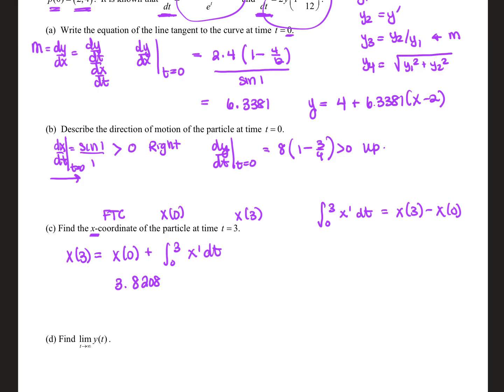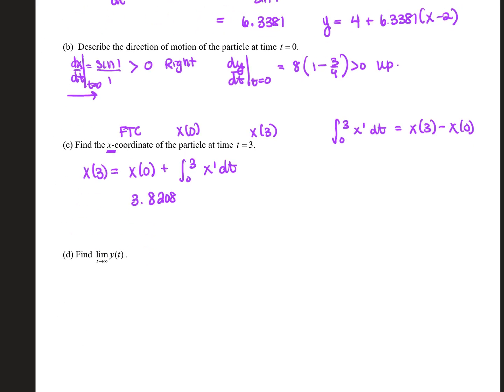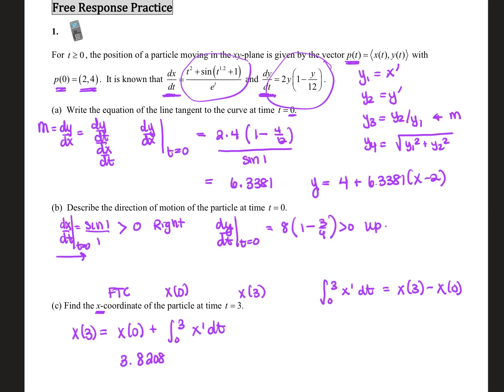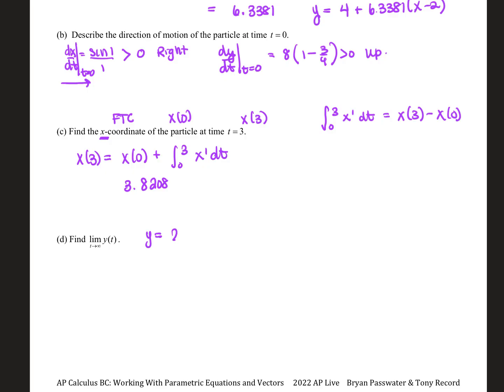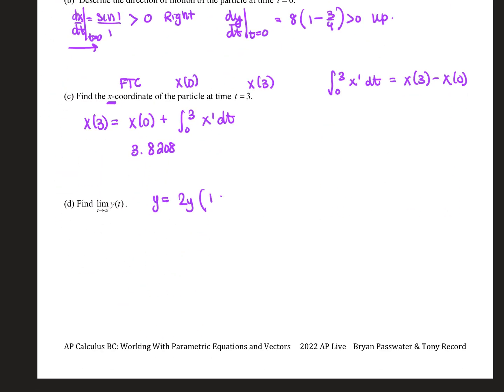Part D, find the limit as t goes to infinity of that. So let's look at what y of t was. So dy dt was equal to 2y(1 minus y over 12). And we want to find the limit as t goes to infinity of y of t.